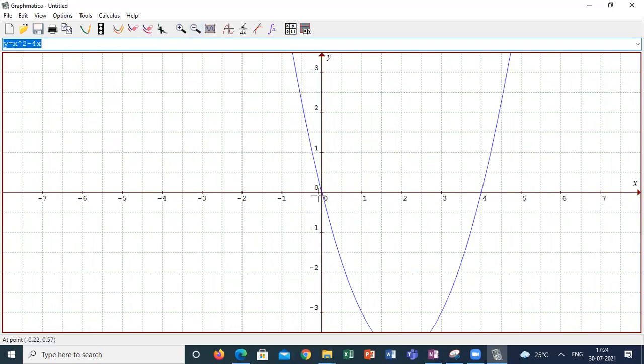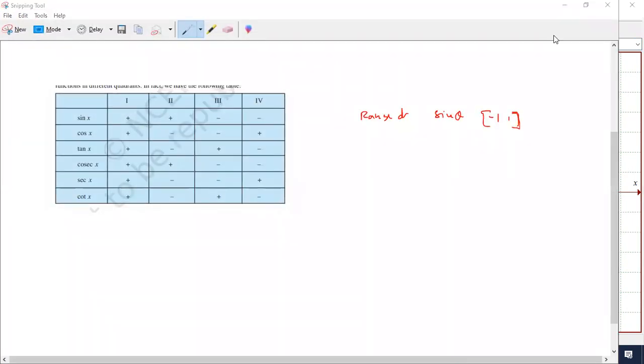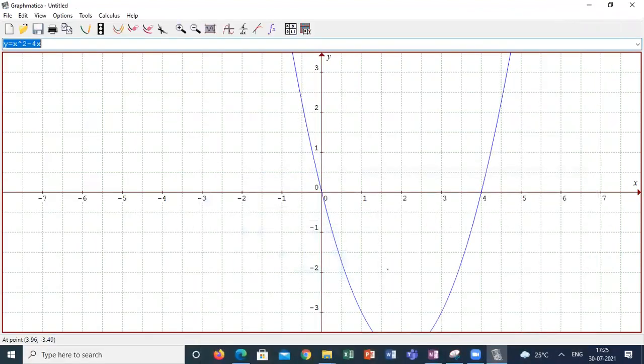At (0, 0) it is intersecting. (0, 0) means the first coordinate is x and the second coordinate is y. My y-axis is P of x. So at x equal to 0, P of x is 0. At x equal to 4, again it is intersecting the x-axis, it is 0. Whether it is passing through the origin or not doesn't matter here. How many times it is intersecting the x-axis, that is what matters. Is it clear, guys? Yes, sir.